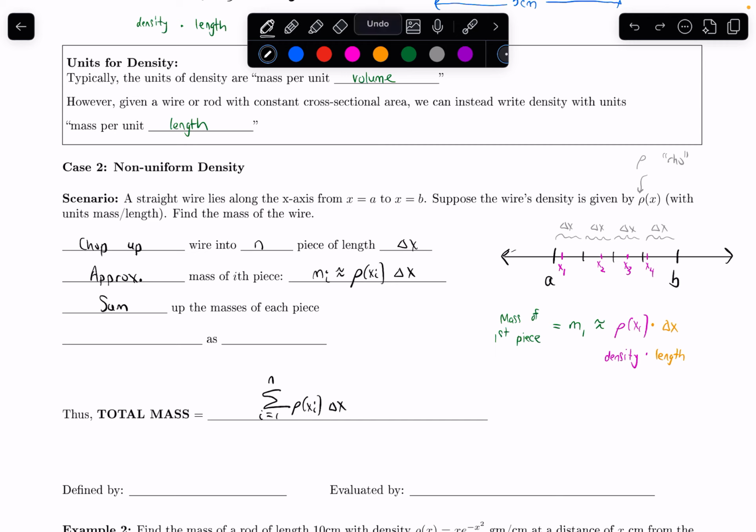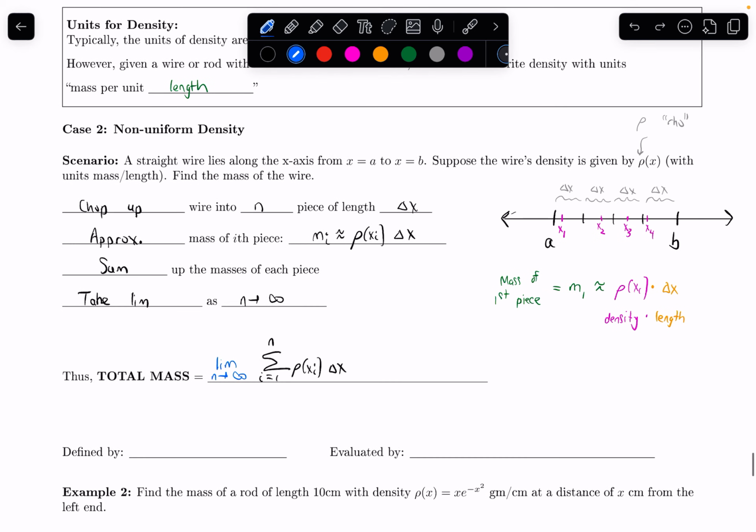Right now that's an estimate for the total mass. If I want to make it equal to the total mass, we have to take the limit as n goes to infinity, which means cutting this up into an infinite number of pieces. So in front of this sigma, I put the limit as n goes to infinity, and now it's exactly equal. We are defining this total mass using this Riemann sum.